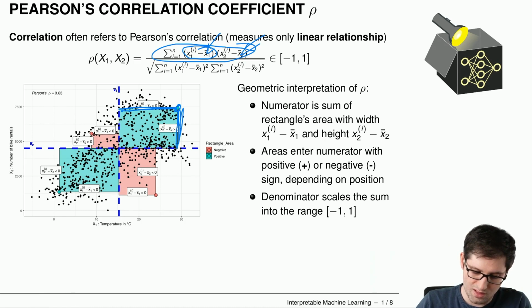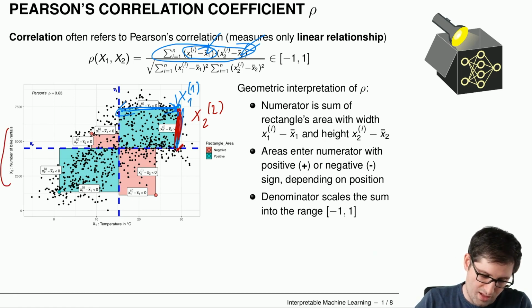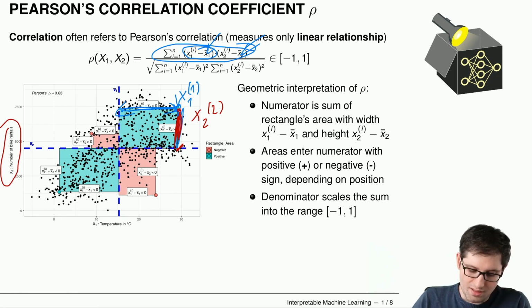Because here is x1 of observation 1, for example, if this instance here is the first observation, we are taking the distance here, and for this distance here, we are looking at the second feature and take the difference of the second observed feature value with the mean value, in that case, the number of bike rentals. These two values are multiplied in this numerator.